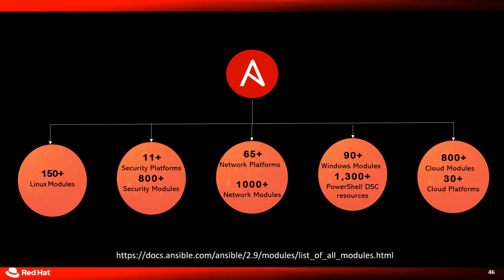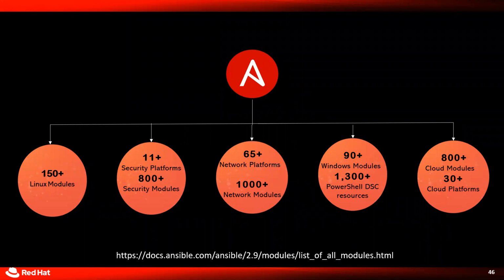If not, you can leverage the shell module to run any command. That way you can automate any device or any task using Ansible automation platform, and that too without any special coding skill. So that's the overall view of how Ansible automation platform works and its features and benefits.